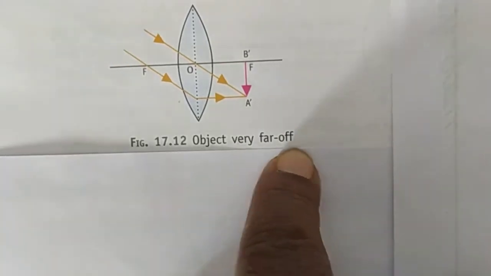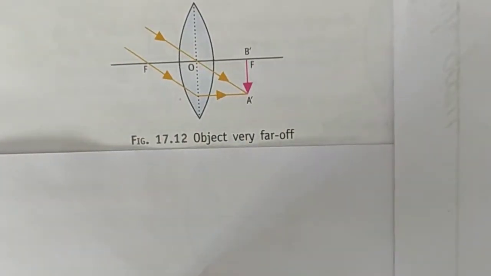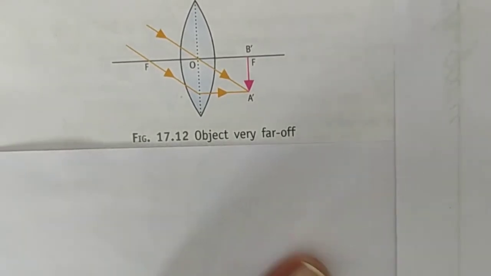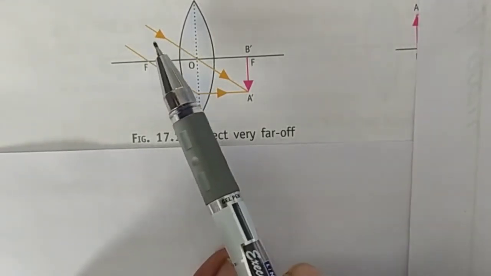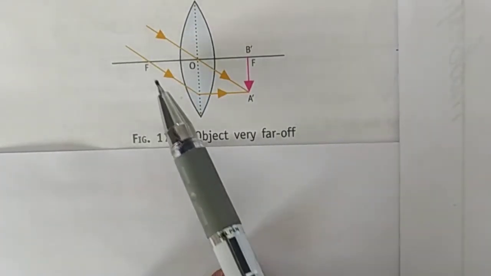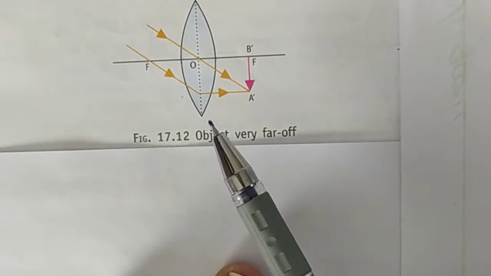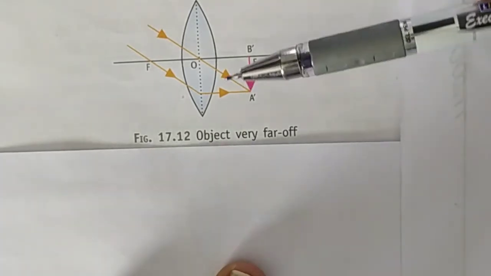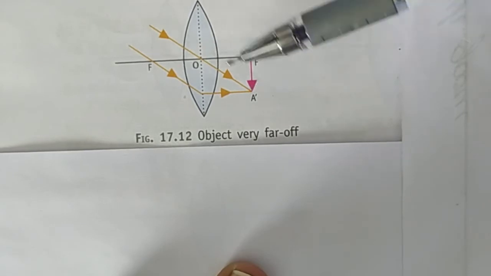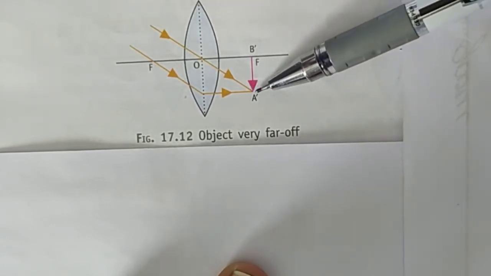Here the light rays coming from the object kept far from the convex lens are considered to be parallel rays. We are considering two light rays. The first light ray is the one passing through the optical center, passing without any deviation.